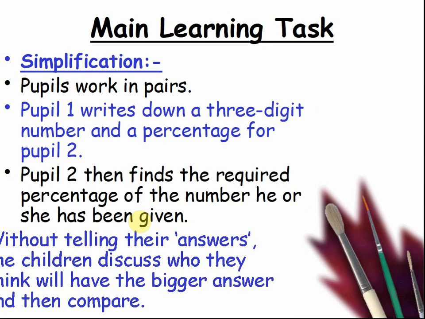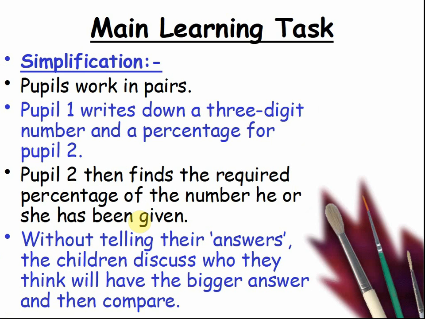Simplification: pupils work in pairs. Pupil 1 writes down a 3-digit number and a percentage for pupil 2. Pupil 2 then finds the required percentage of the number he or she has been given. Without telling their answers, the children discuss who they think will have a bigger answer and then compare.